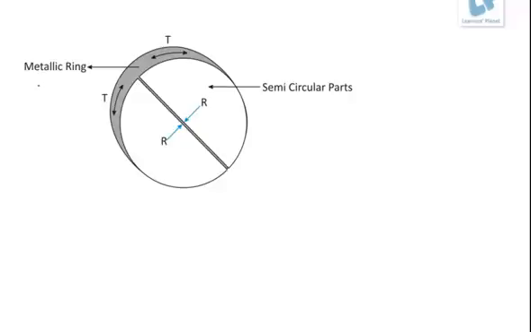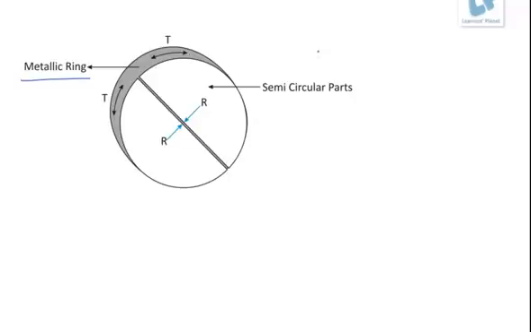When it is allowed to cool down, it would again try to regain its original length, but that is not allowed because the semicircular parts are restricting it, as a result of which a tension T would be developed across the entire length of the metallic ring.